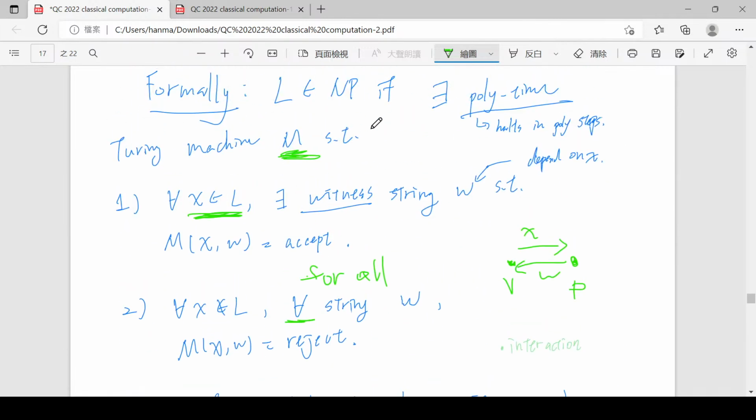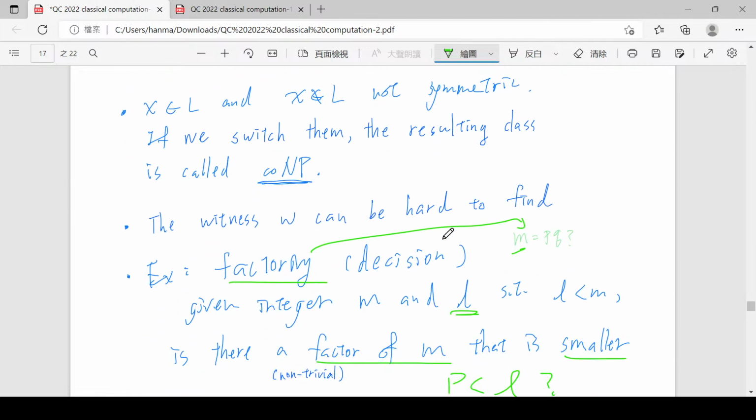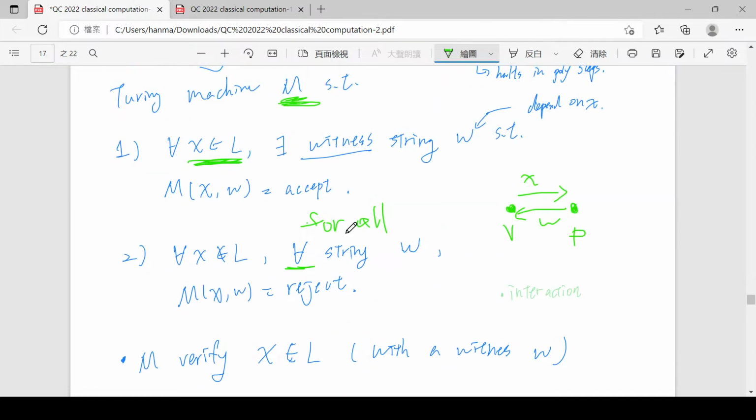A lot of computation problems have this kind of property where if you have an instance, and you get a yes instance, then someone can prove that you are actually in a yes instance with some short witness, and you can check that. So you can check the answer really fast, but it's hard to find the answer.